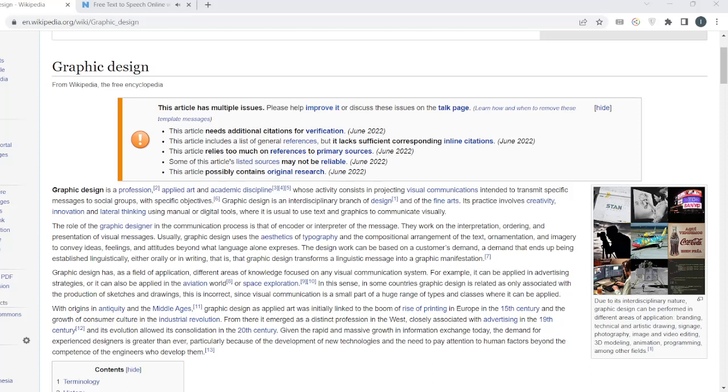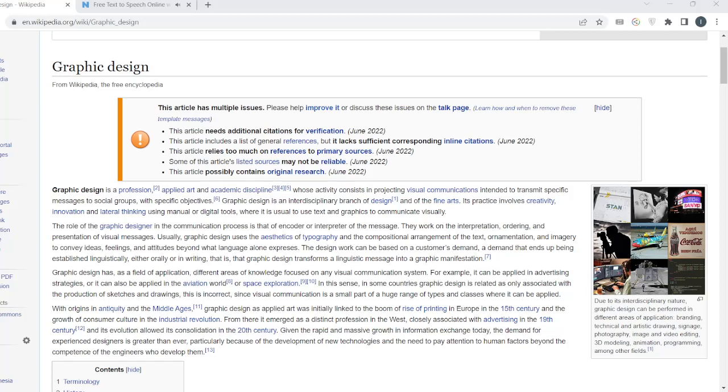Applications. 4. Skills. 4.1 Typography. 4.2 Page layout. 5. Tools. 5.1 Computers and software. 6.